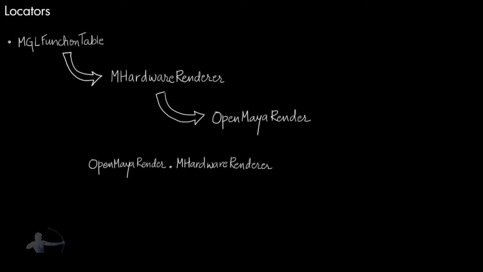And because we cannot create MGL function table on our own, we would have to grab it through the hardware renderer. We would first grab the pointer of our hardware renderer, and we will use a function called the renderer.